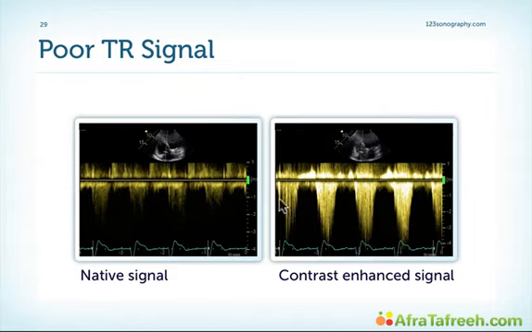So what we can do is take contrast, and what we use in everyday clinical practice is just agitated saline. And what happens is that for a short period you get a truly enhanced signal of the tricuspid regurgitation. And you can certainly measure here, but be careful, don't take the sharp signals here because they obviously exaggerate the velocity, but the cutoff is somewhere here.